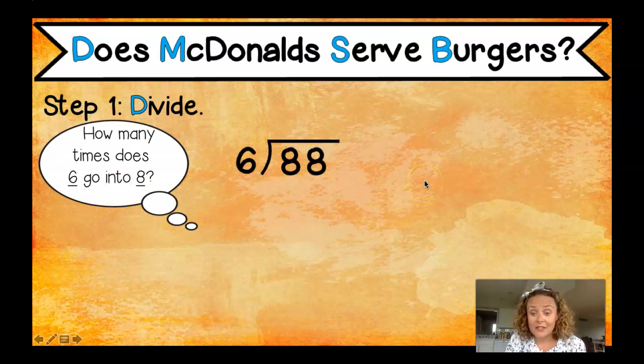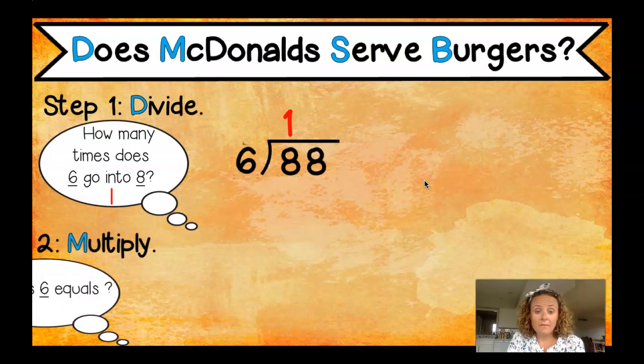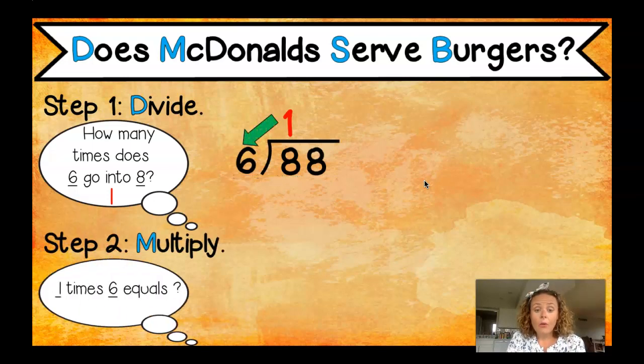How many times does 6 go into that 8? I know it's an 80, but when we use this method, we call it an 8. One time. If it was 2, it'd be 12, and that'd be over 8. Okay, so we've done our divide. Now, we need to do our what? Multiply. 1 times 6. What is it? 6.